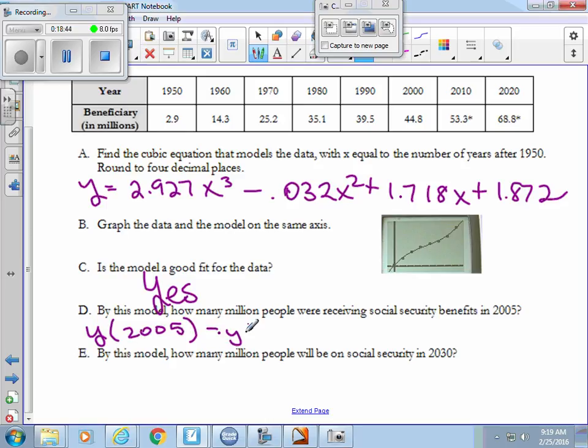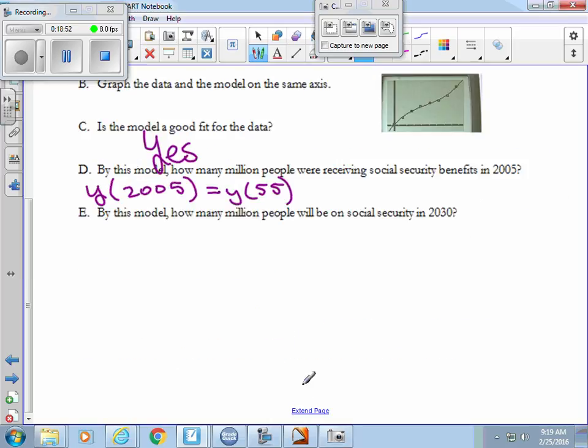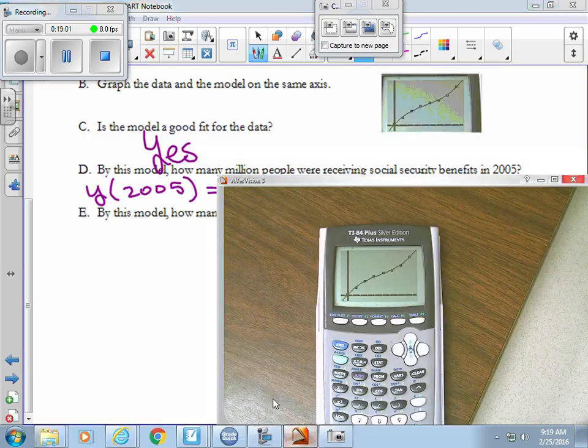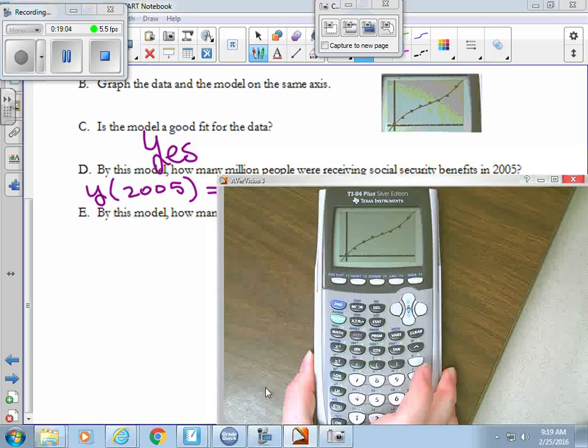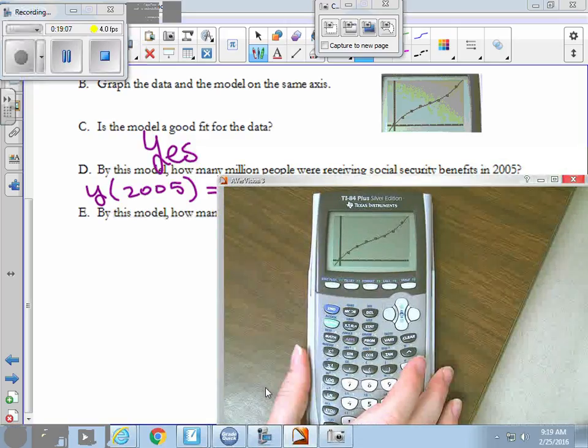What do I type? 55. Why 55? Good. 2005 is 55 years after 1950. And that I can plug in using my calculator. Since it's already in Y equals, what can I use to plug that in very, very quickly?